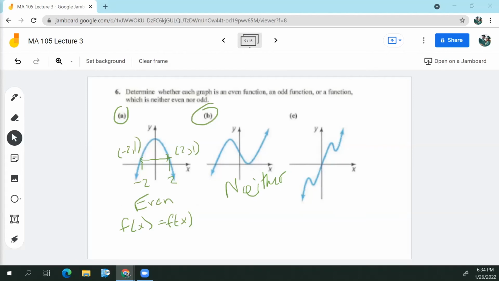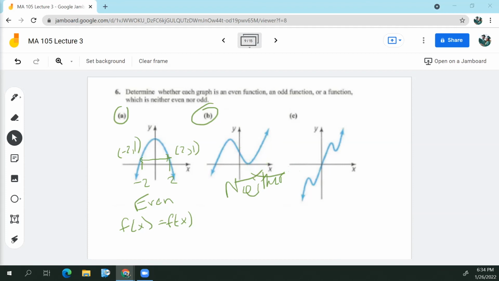If I rotate this thing about the origin 180 degrees, I would have something that looks probably like that. Well, that wouldn't be it. It just ain't it, okay?